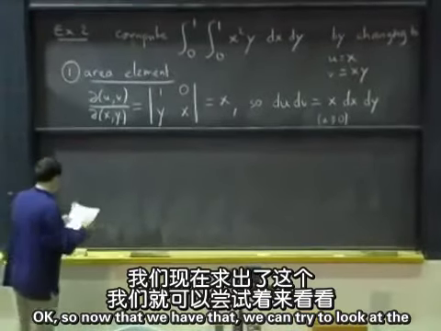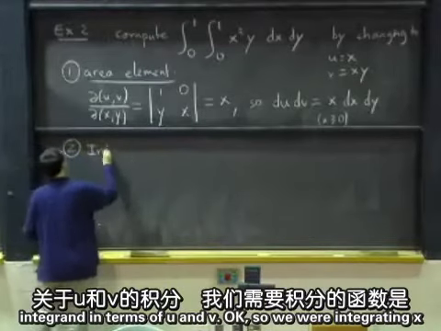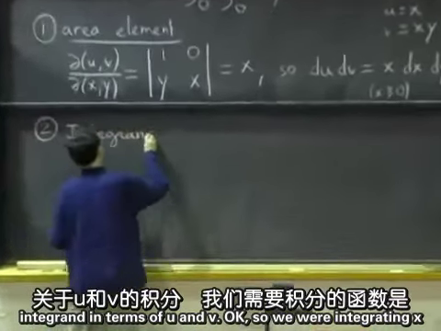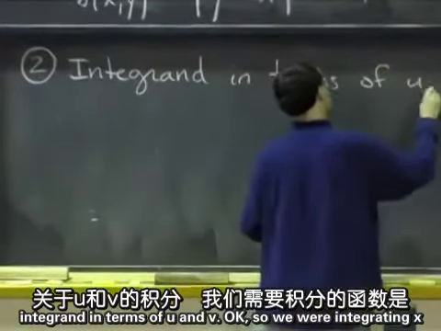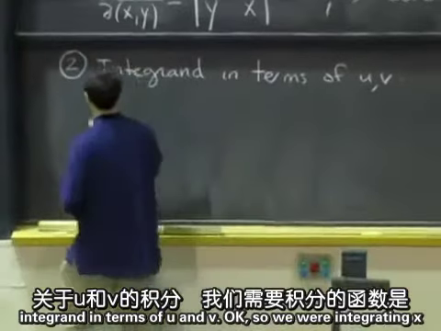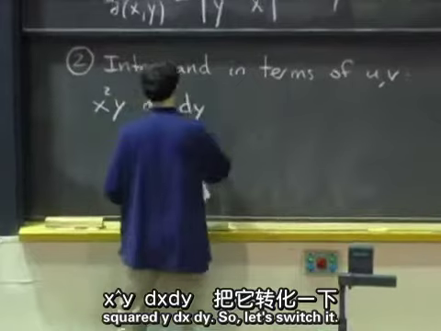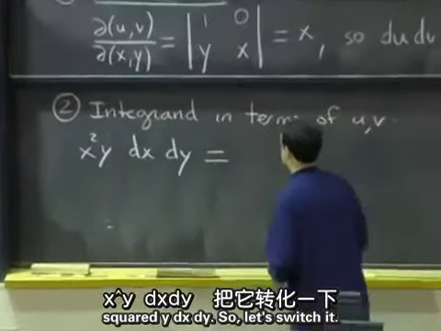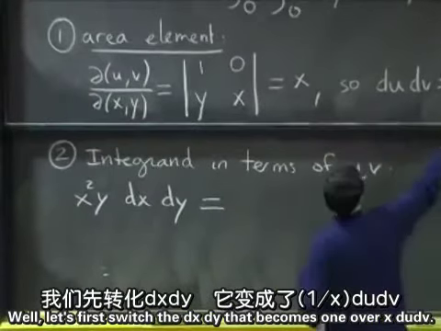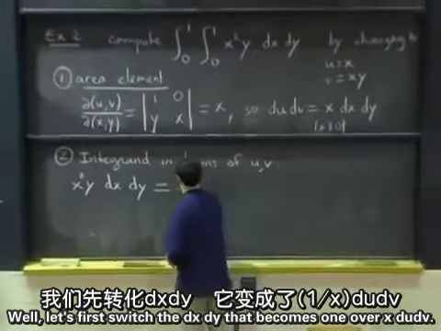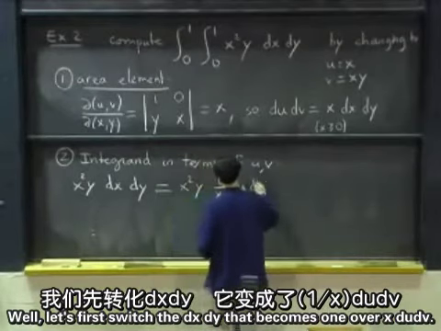So now that we have that, we can try to look at the integrand in terms of u and v. Okay, so we were integrating x squared y dx dy. So let's first switch the dx dy. That becomes 1 over x du dv.